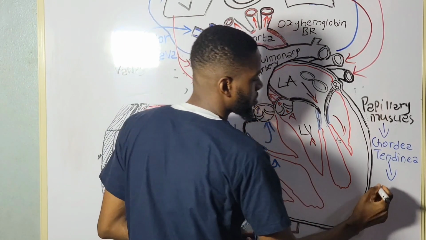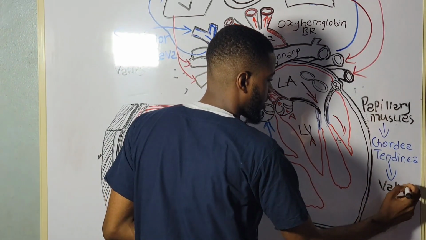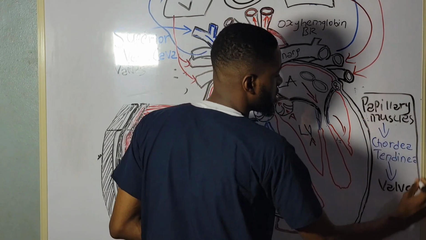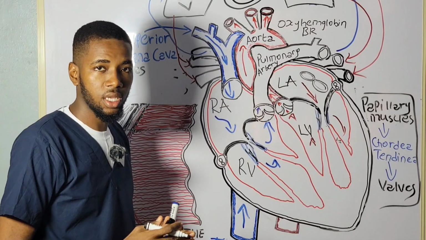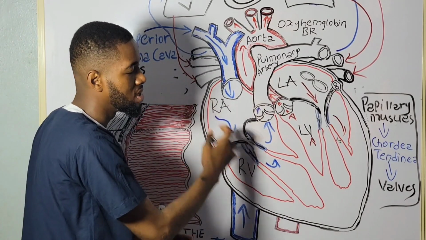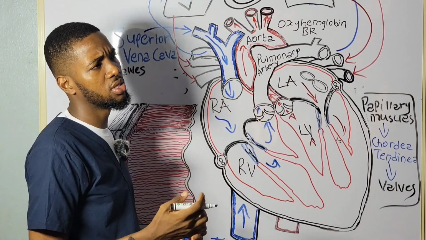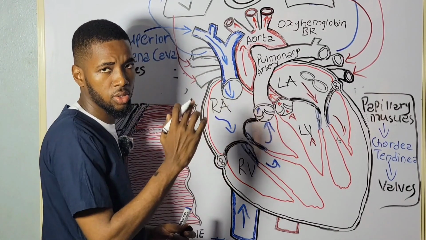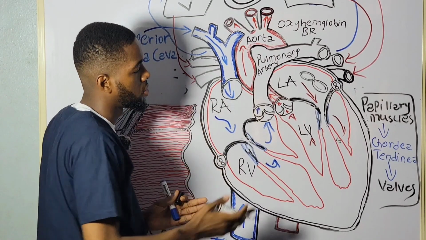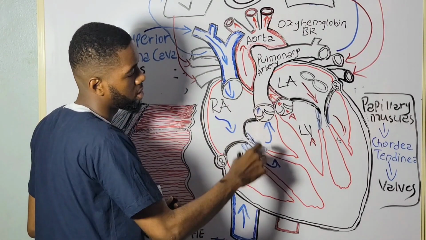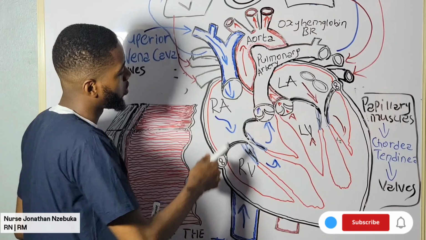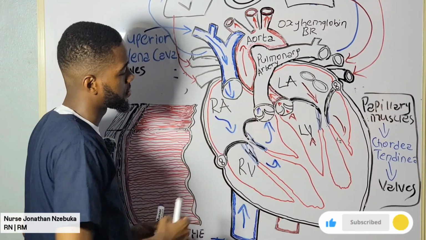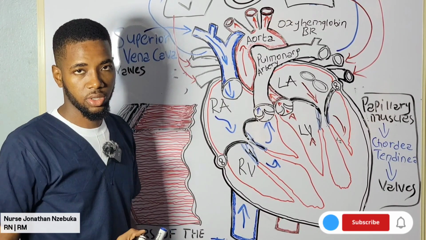Now, these three structures found in the heart work in unison to aid the smooth synchronization of blood flow within the heart. So at least now we have this understanding of certain structures in the heart.